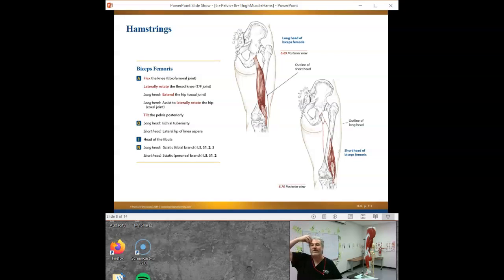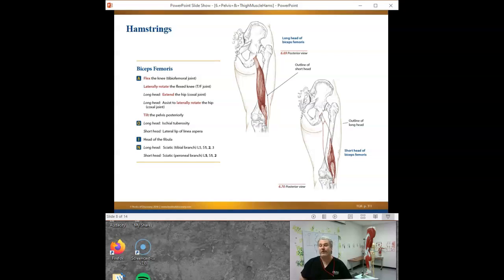All right, and what two joints does it cross? Ms. Torres, the long head of the biceps femoris? Your knee joint and your hip. Yeah, exactly. Your coxal joint, there's so many names for your hip.